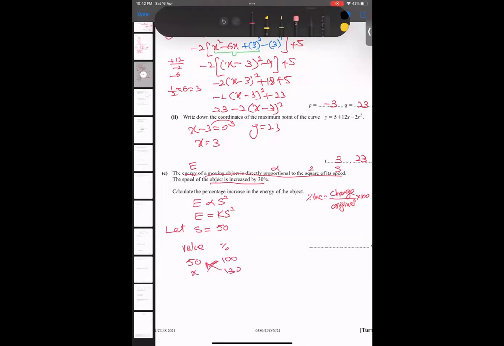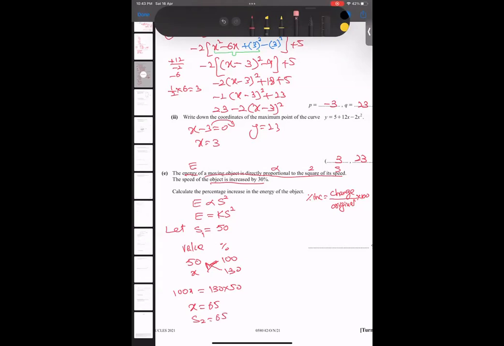Is equal to what? Cross multiply. So have a look. What turned to be 50 times 100, and 130 times 50. So I'm getting 130 into 50 divided by 100, and I'm getting 65. So this is called the new value. Okay, so new value, this is S1, this is called S2. New value.